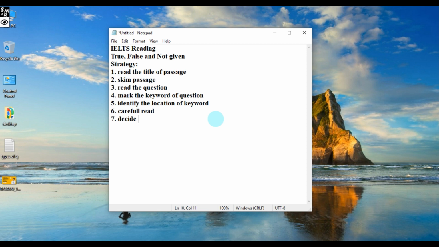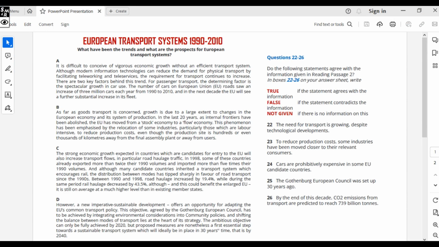I'm going to show you a question sample for practice purposes. In this case, we first need to look at the topic. It's about the European transport system in 1992 to 2001.